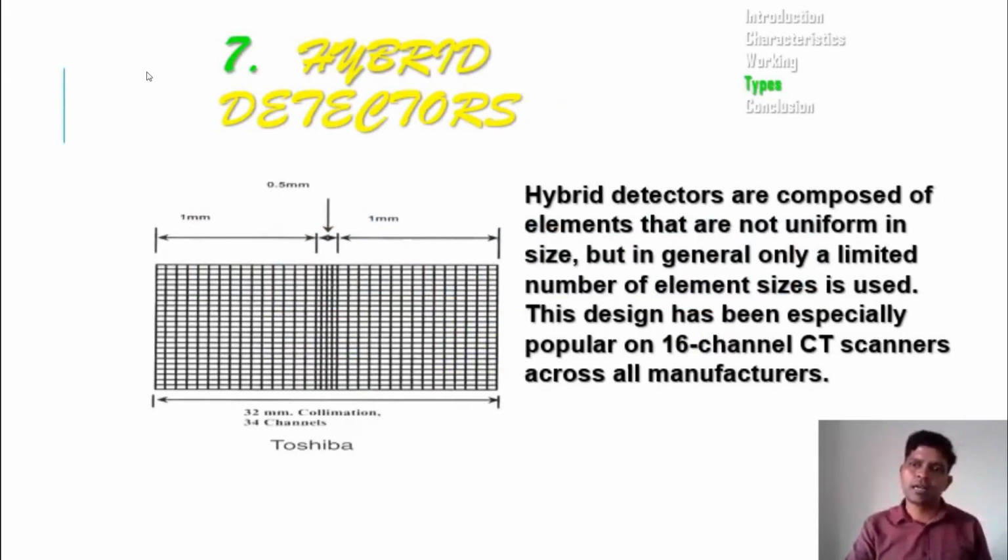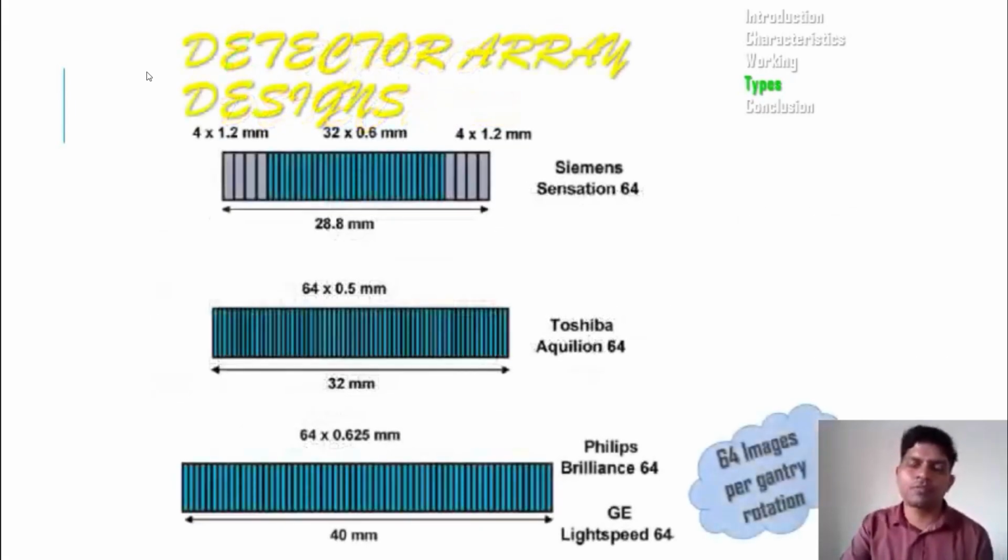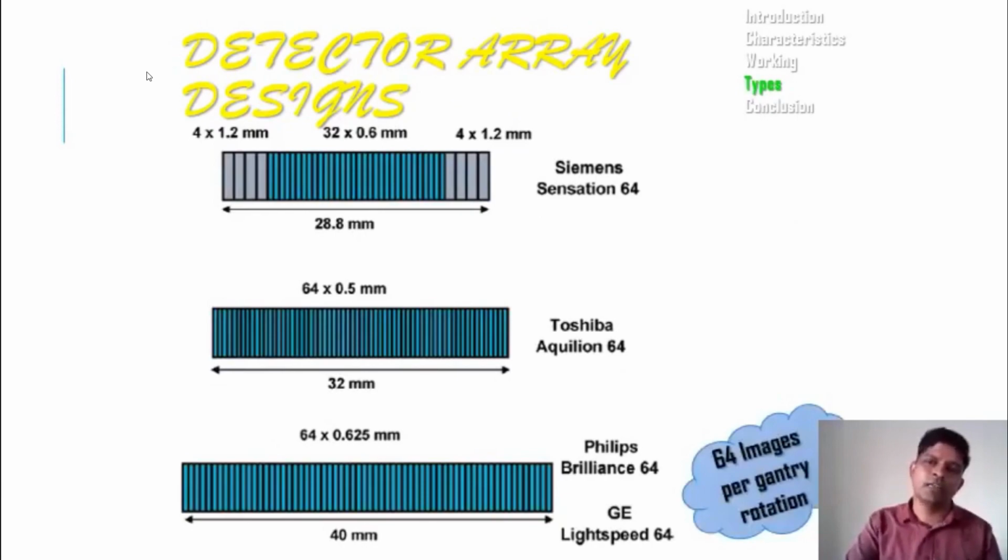The hybrid detector is composed of elements that are not uniform in size, but generally only a limited number of element sizes is used. This design has been especially popular on 16 channel CT scanners across all manufacturers. At present, most places use hybrid detector technology.